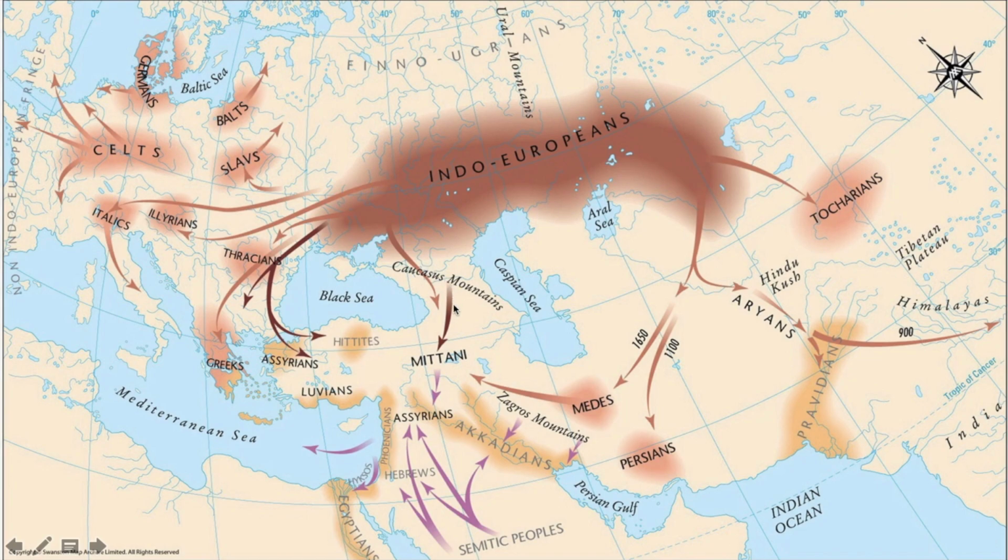groups coming from the North Caucasus into the South Caucasus, becoming the Mitanni, groups coming from the Balkans into Anatolia, becoming the Hittites, groups coming from Iran, also another branch of people who could have become the Mitanni, or even the Kassites, because we see these groups also penetrating into Mesopotamia where the Akkadians were, and we know about the Gutians who collapsed Akkad.